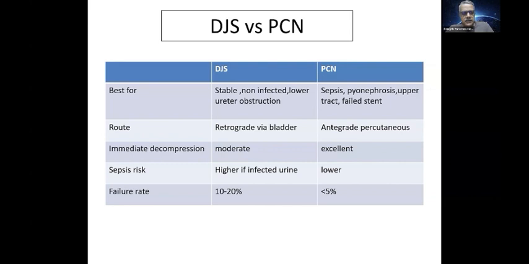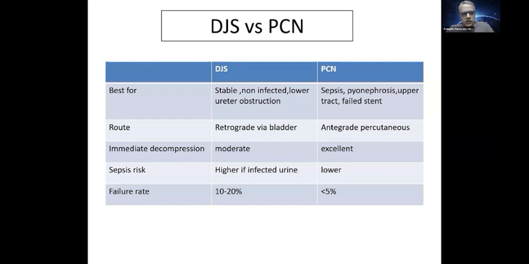Second thing, there is some data showing that if it is an infected, obstructed system, early intervention improves outcomes. And what to do? Mostly people will end up doing DJ stenting, is what usually happens in our system. Only if the stenting is technically difficult or doesn't work, then our urology people opt for PCN.